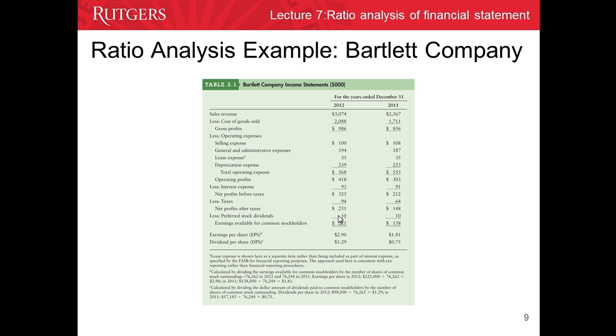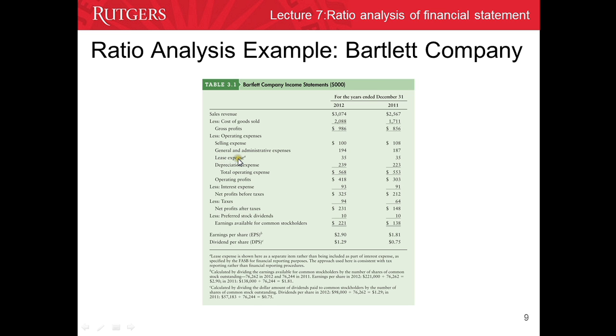And then we use earnings before interest and tax, which is $418,000, plus the lease payment.